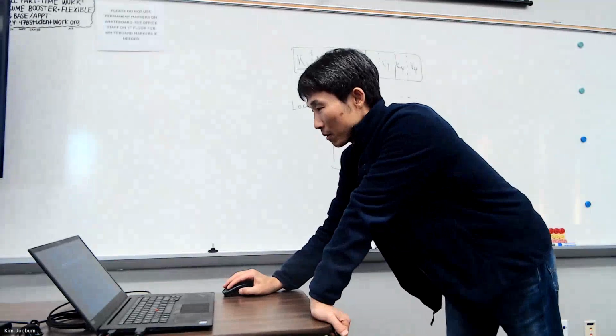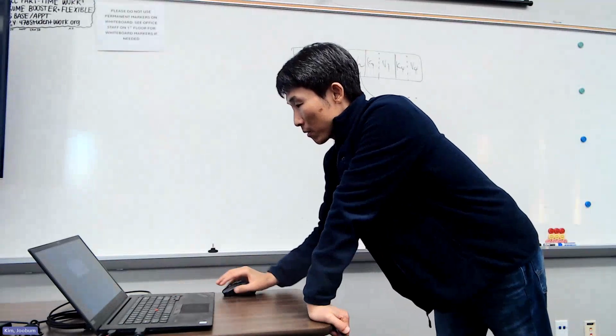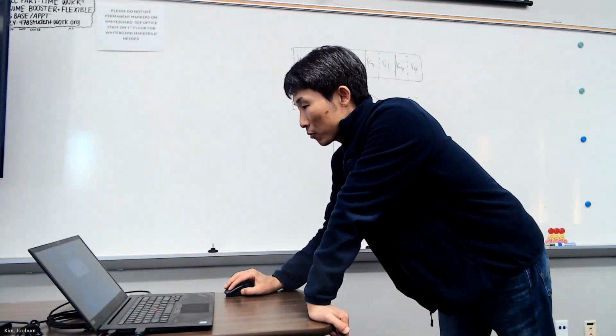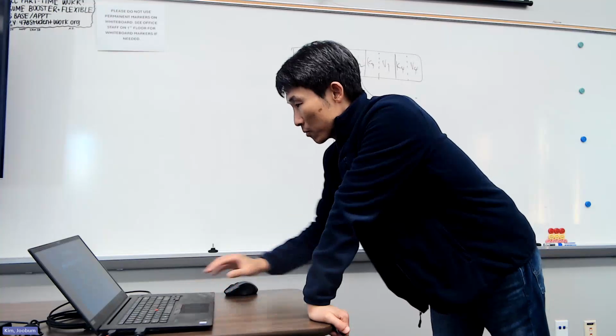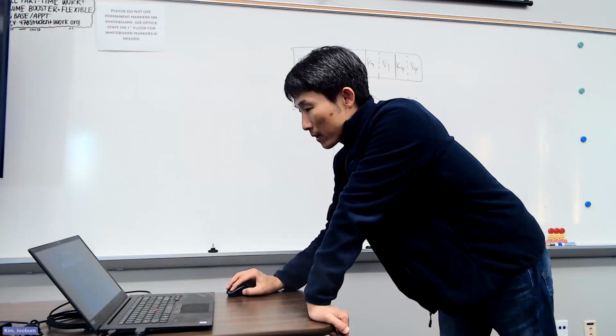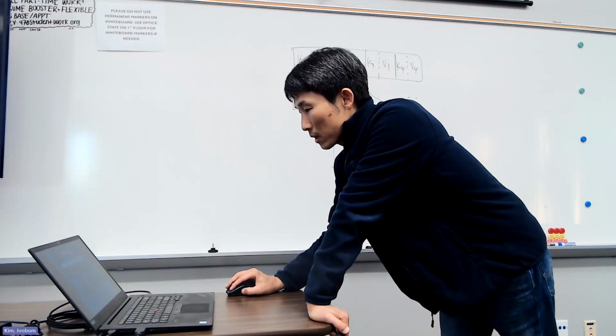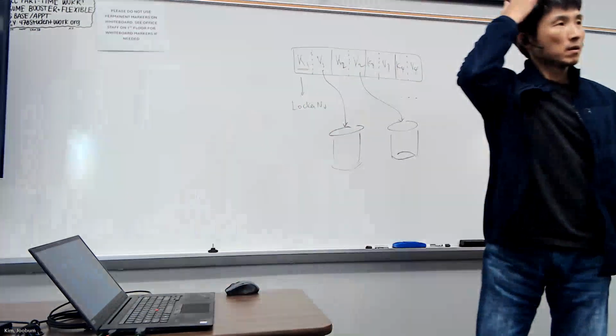So here, 321 to 400, I evenly separate. How? 321 to 360, 361 to 400. This is for cylinder 4, and this is cylinder 5, a new cylinder.